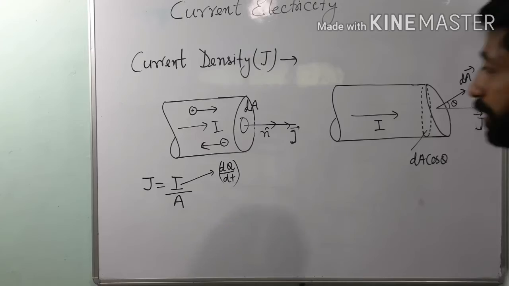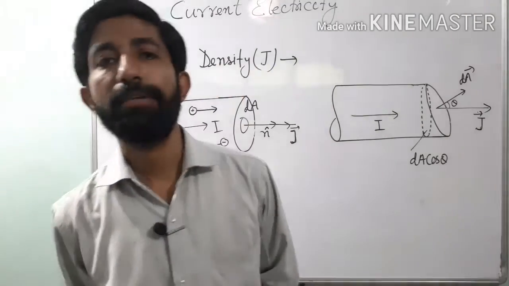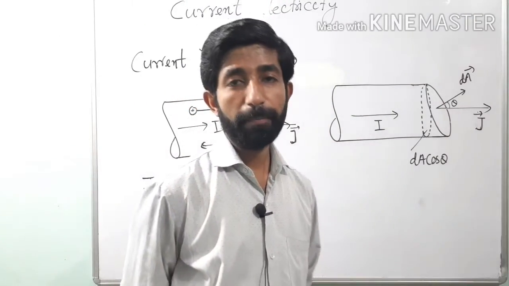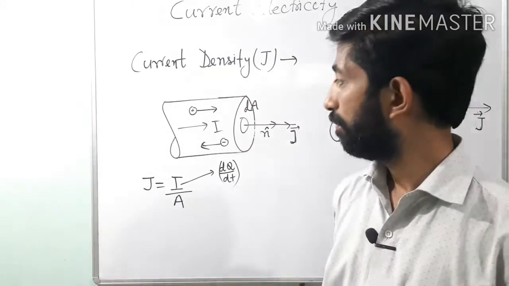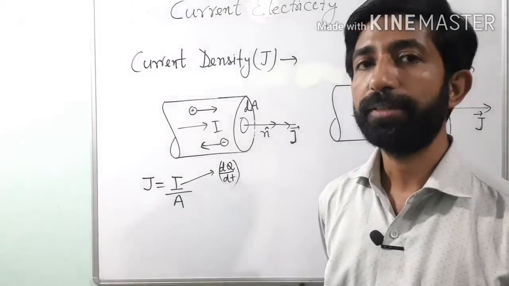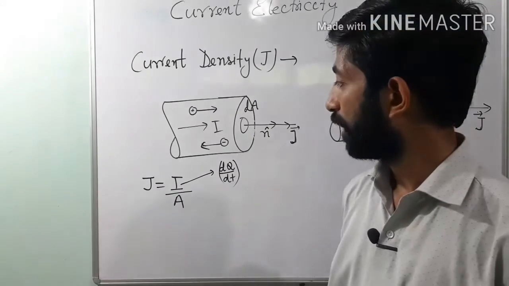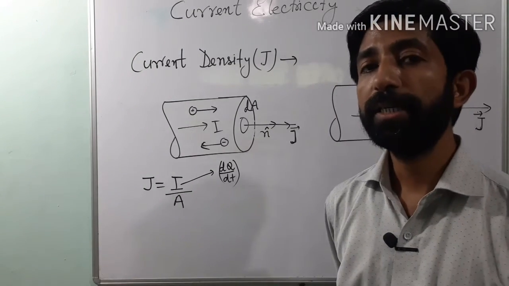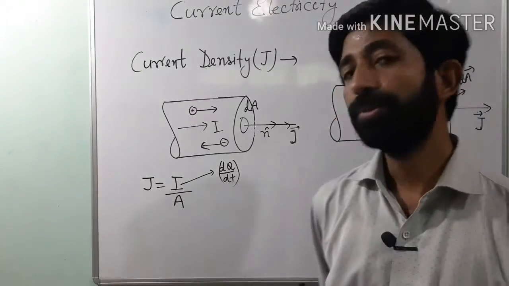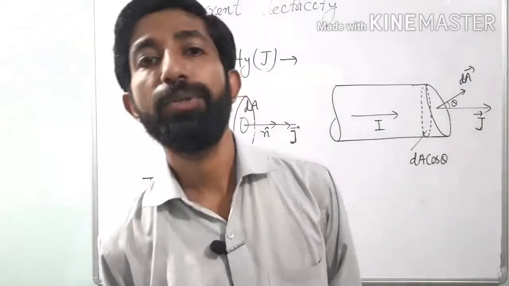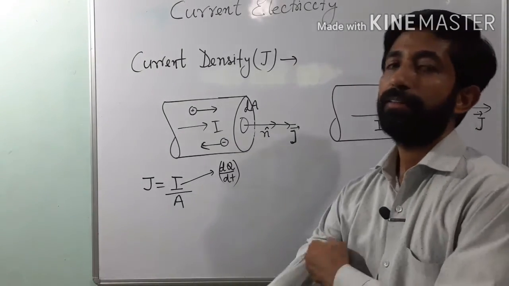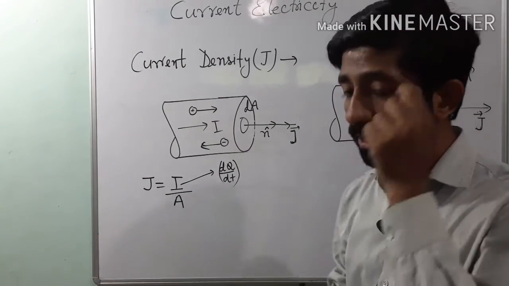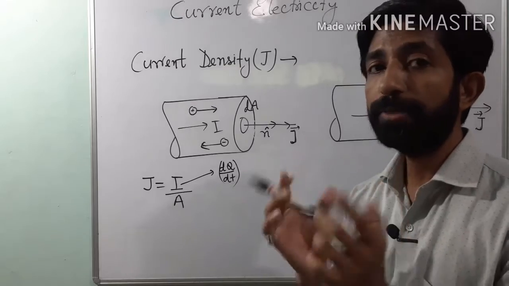In simple words, current density is defined as the current passing normal to any area, but the area will be unit. That is, the current passing normally per unit area through any conductor is known as the current density for that particular conductor. Normally current density is always confined to a particular point.